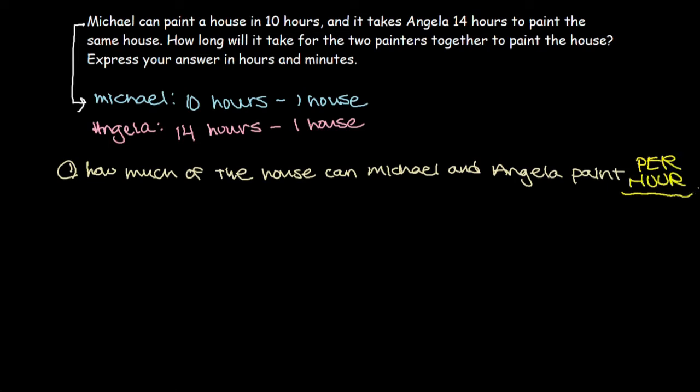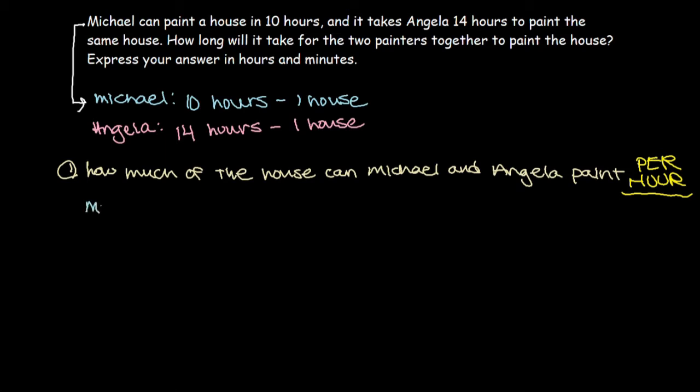This is the important part. We need to figure out how much of the house they can paint per hour. If you don't really understand why we have to figure this out, I'm going to draw a little diagram for you so it'll be easier to understand.